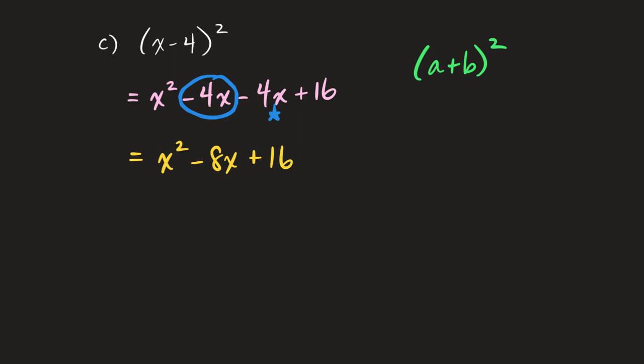Something plus or minus something all squared. Well, if I was to expand my a plus b all squared, I would square the first thing, I would multiply those together and get an ab term, but then I have to double it because I'll have two of them, and then square the last.